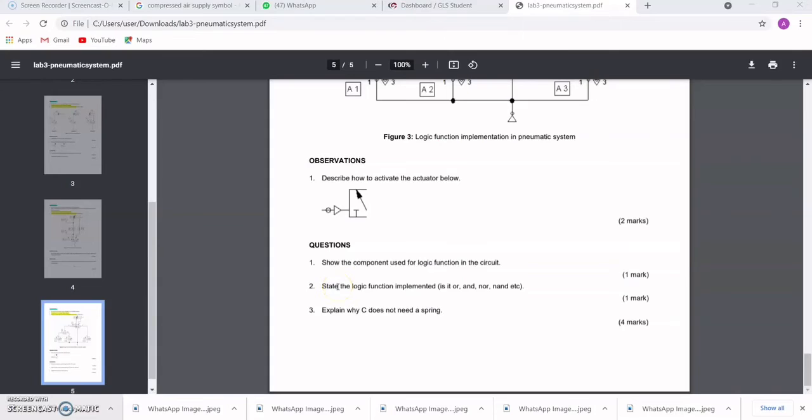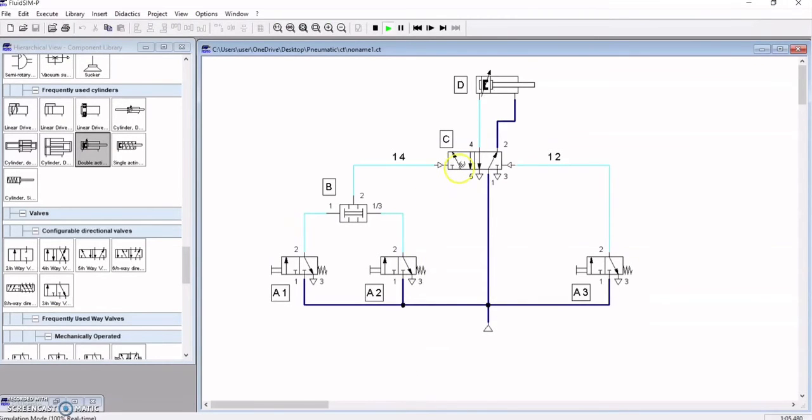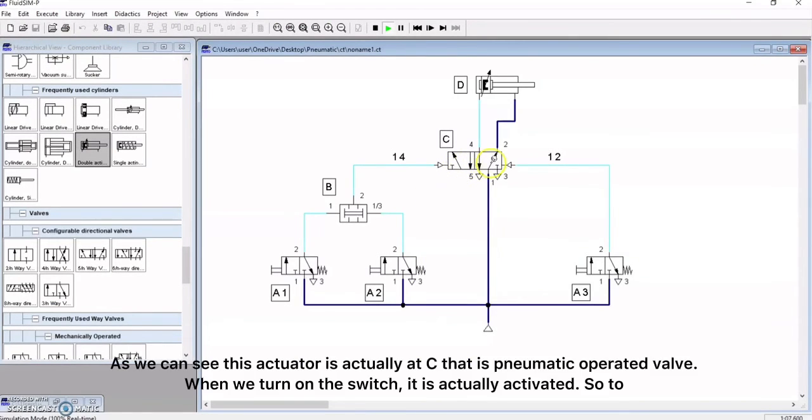Okay, so let's move to the observation part. Observation number 1, describe how to activate the actuator below. As we can see, this actuator is actually at C, the pneumatically operated valve.